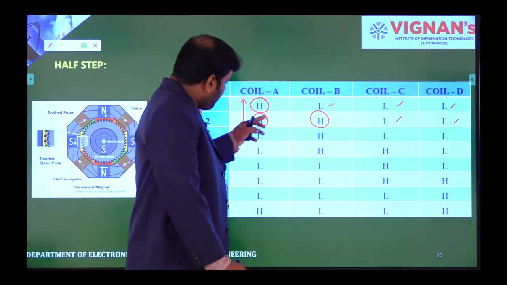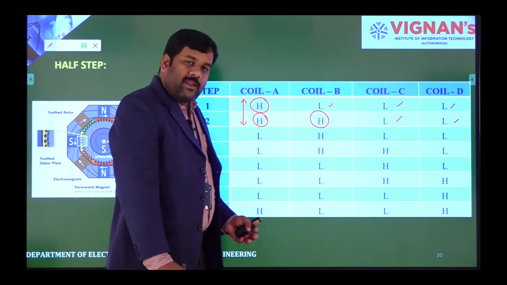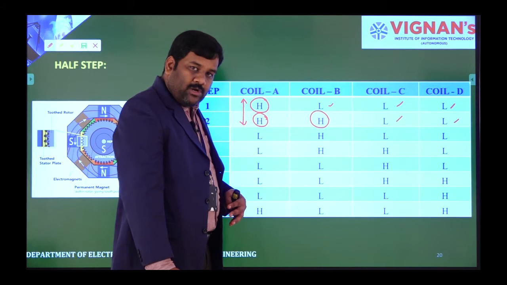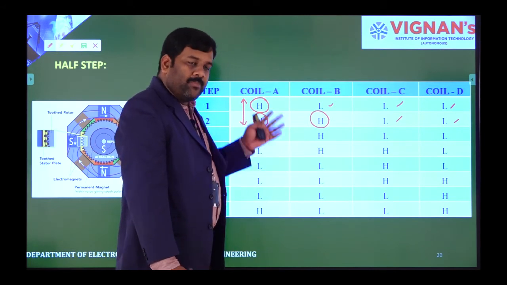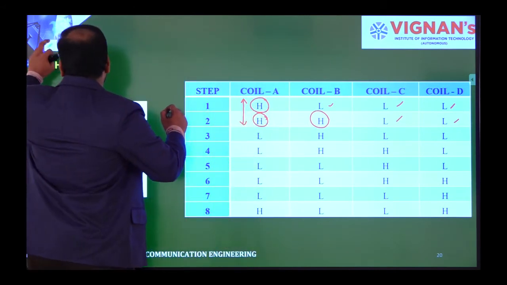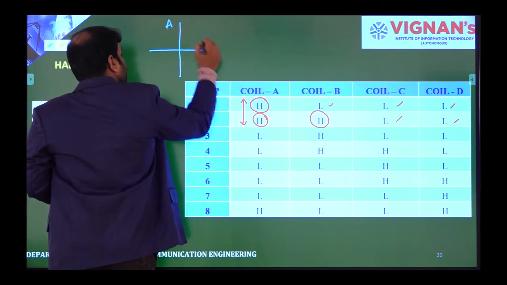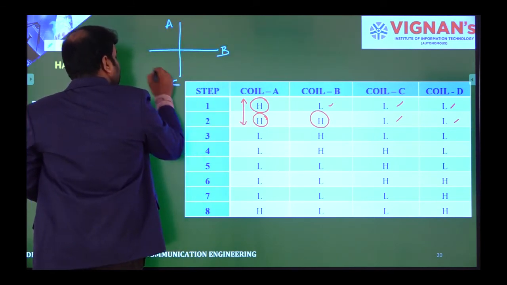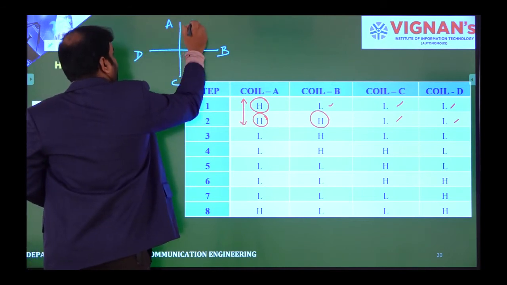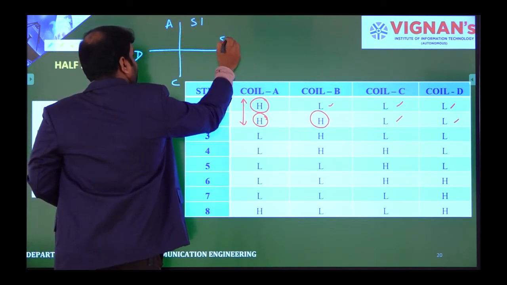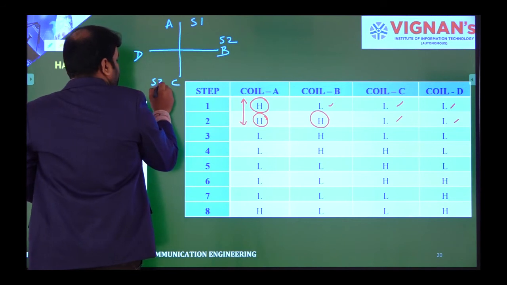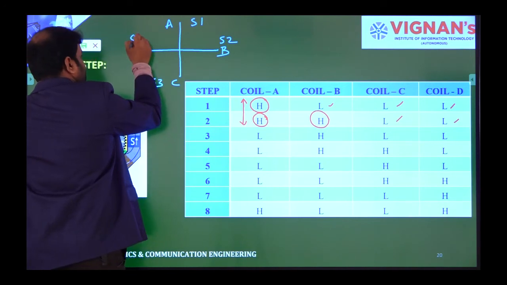So whenever I am providing 2 higher modes, obviously it has the capability to change from position A to position B. So this is A, B, C and D. As per our language, step 1, step 2, step 3 and this is step 4.